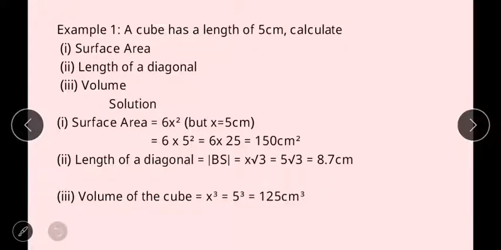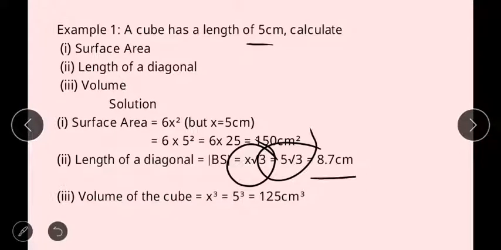Length of a diagonal is given as x root 3. Substituting the value of x, which is 5, makes it 5 root 3. And that gives us the answer, the value of 8.7 centimeter.